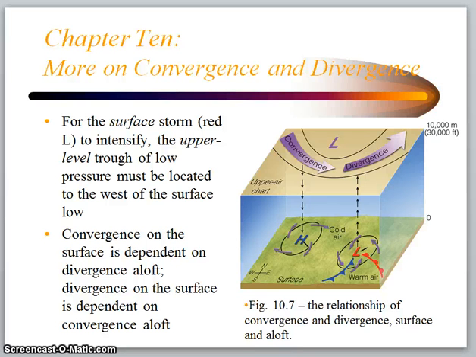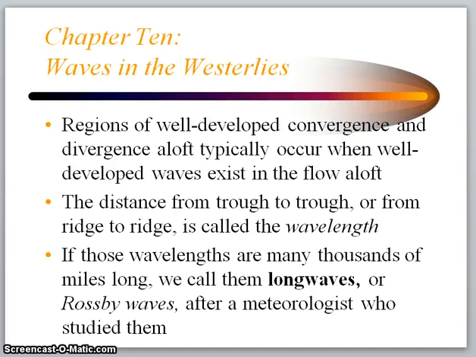You can see the diagram goes from the surface up to about 30,000 feet. So the bottom line is convergence on the surface is dependent on divergence aloft, and divergence, or high pressure on the surface, is dependent on convergence aloft. These things all relate to each other.